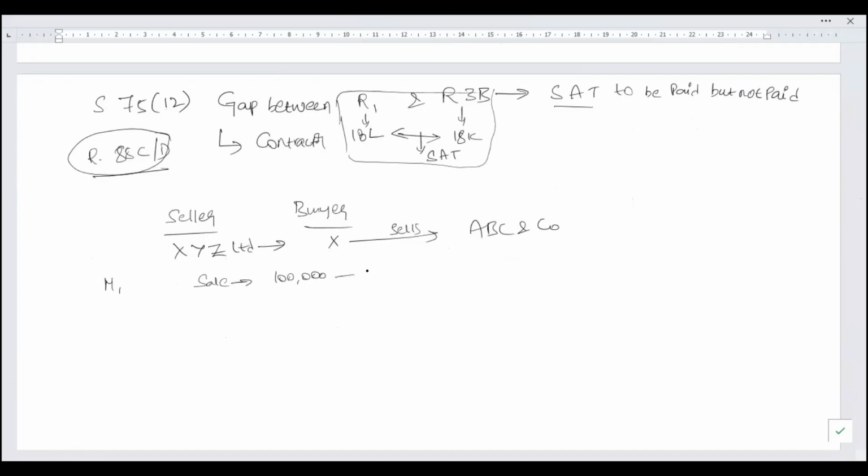This particular sale has a margin of 20%, and this was sold again to ABC and Co for 1,20,000.